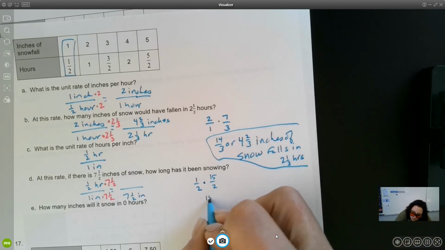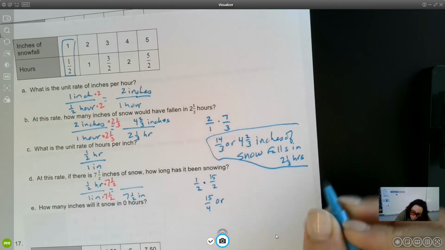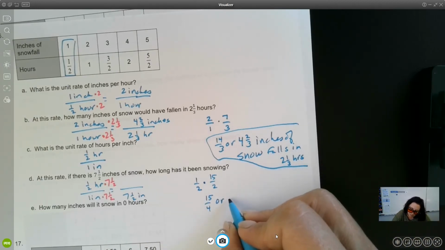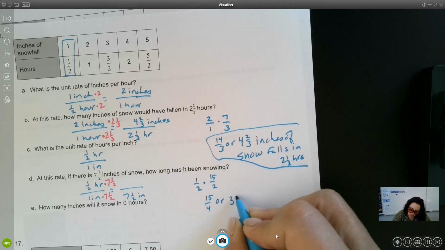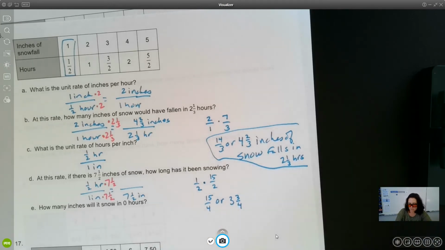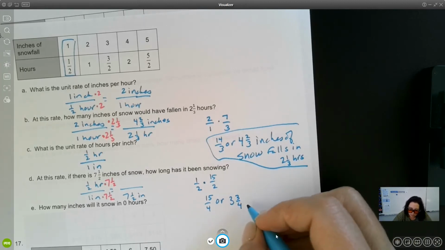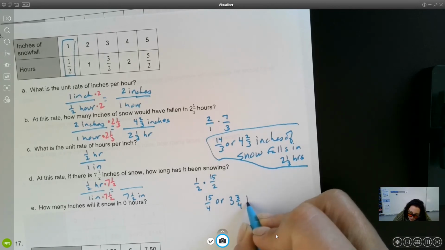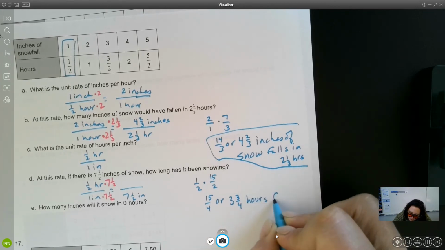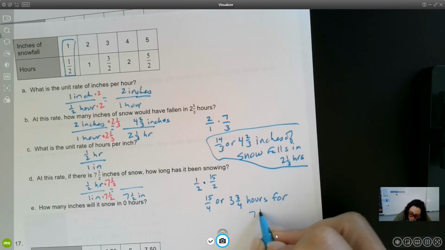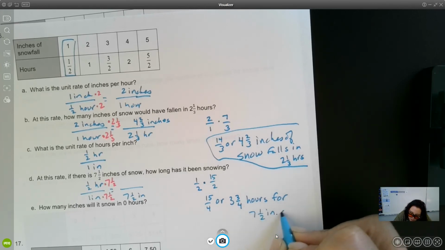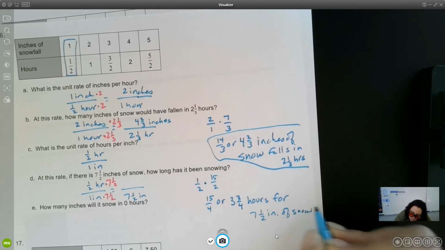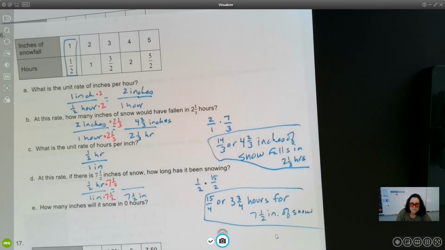That comes out to be 15/4, or 3 3/4. Yes. Okay, that would be 3 3/4, and then this would be hours, 3 3/4 hours for 7.5 inches of snow. This is the answer to that problem.